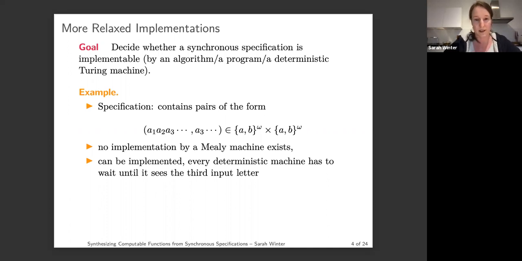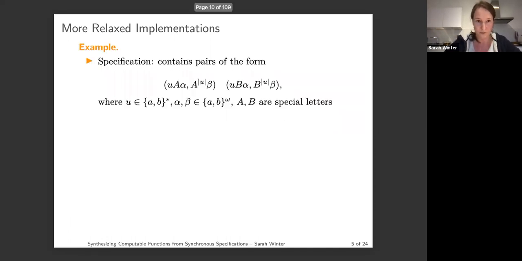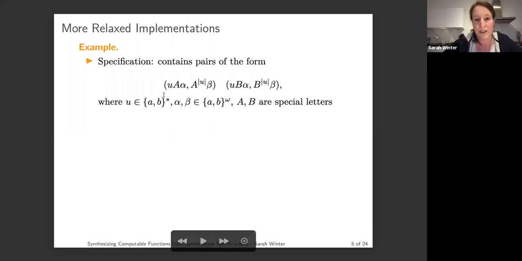So let's take a look at another example where we have to be even more powerful. Okay, take a look at this. We have a specification. It contains pairs of the form where at first we have a finite string composed of the symbols A and B, and then we wait for a special symbol, big A or big B. And this determines how the output words can look like.